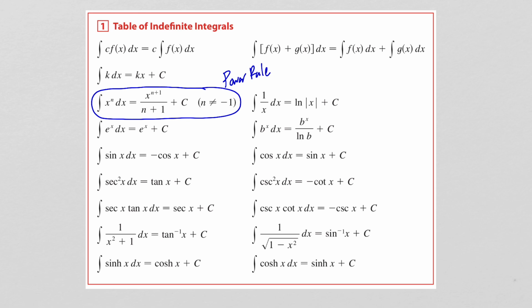This is, of course, assuming n is not -1, because if n is -1, then it becomes the integral of 1 over x, which, of course, is the natural log of the absolute value of x. And then here we have the rest of your integration formulas that we talked about in an earlier section. And finally, these last two down here, you don't need to worry about too much right now.